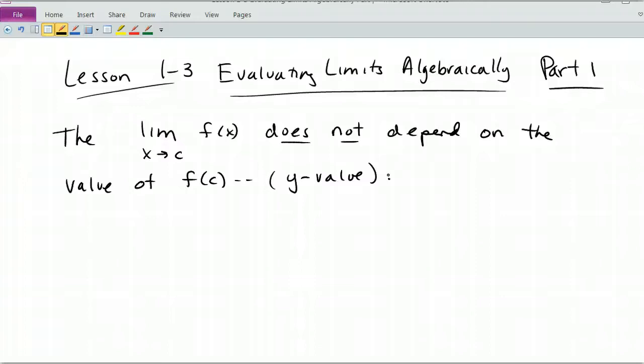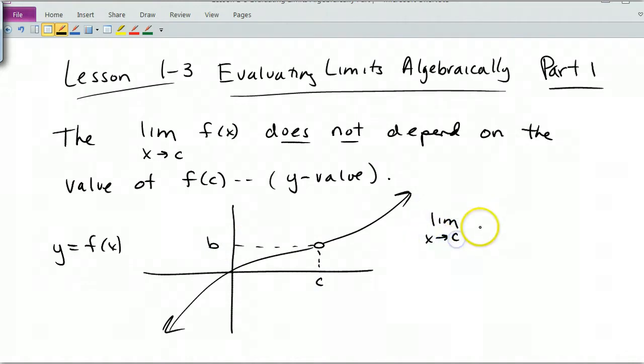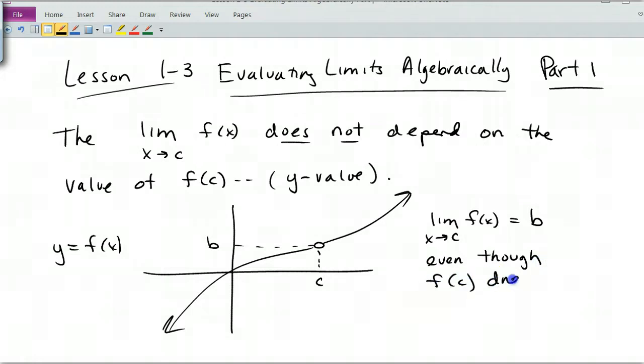To show you this graphically, I'm going to draw a function f of x. It has a deleted point in it, and this deleted point has an x value of c and a y value of b. Now the limit as x approaches c of f of x is equal to b, even though f of c does not exist.